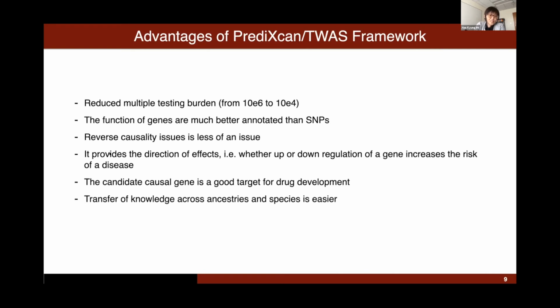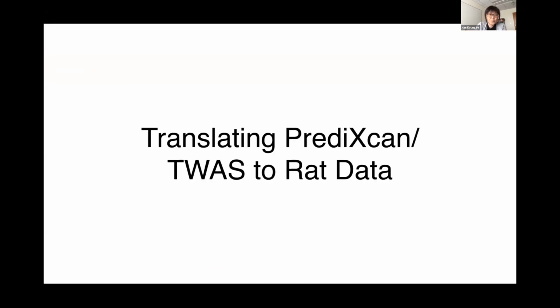Another advantage is that it provides direction of effects. That means whether up or down regulation of a gene increases the risk of a disease. The candidate causal genes should be good targets for drug development, and also transfer of knowledge across ancestries and species is easier using this gene level approach.